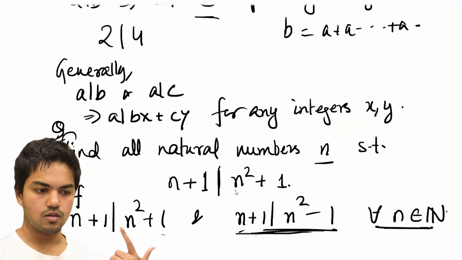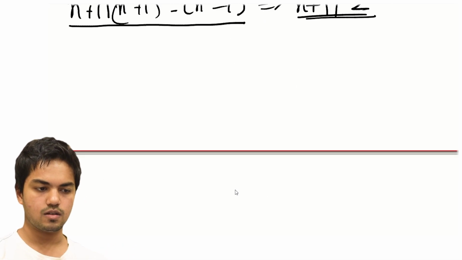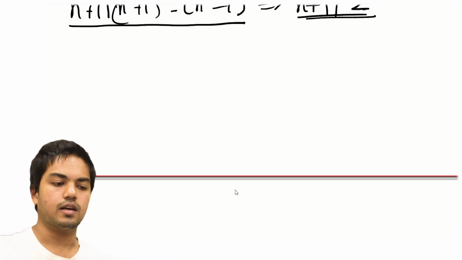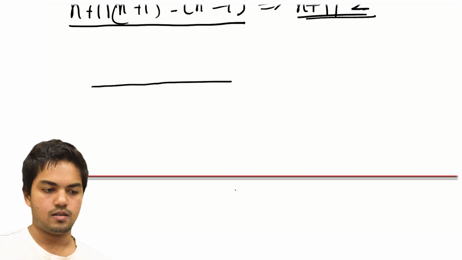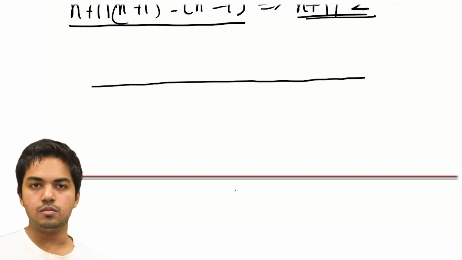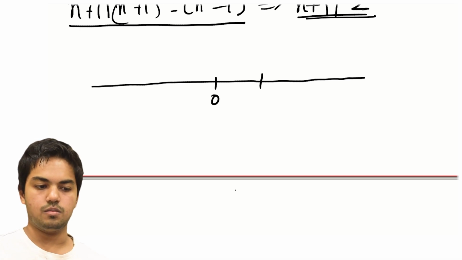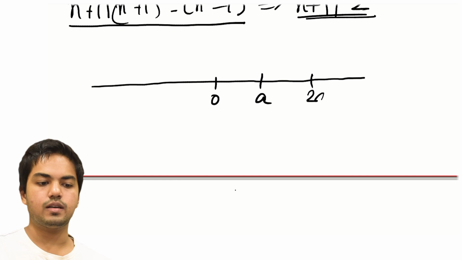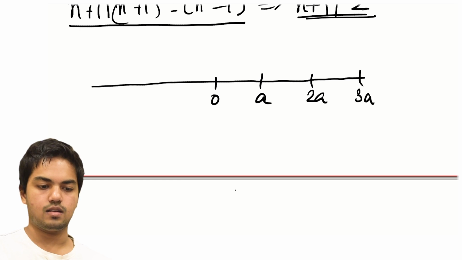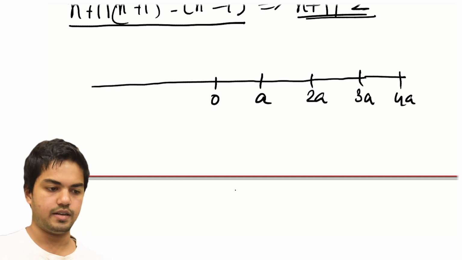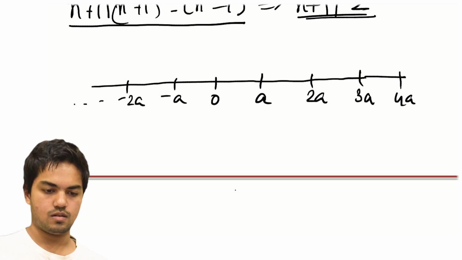Think about what the multiples of a given number A look like. On the number line, you have 0, because anything times 0 is 0. You have 0, the number A, the number 2A, then 3A, then 4A, and on the other side you have minus A, minus 2A, and so on.